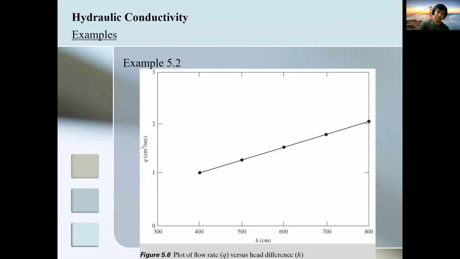It is directly proportional, right? Again, according to Darcy, the discharge velocity is directly proportional to the hydraulic gradient, so V is directly proportional to i. So we can verify this with the example.